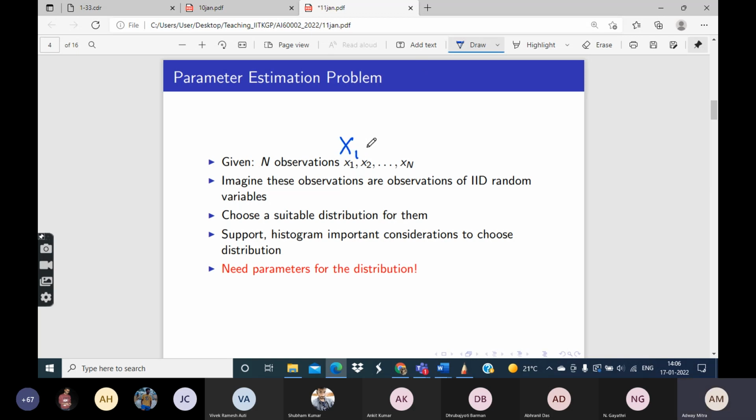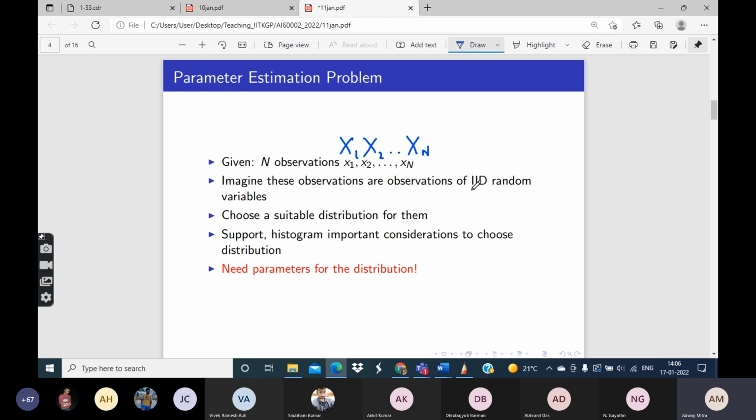Similarly, for x2 there is some random variable capital X2, and so on. And finally, there is another random variable which we call capital Xn. The values which we have got are simply the realizations of these random variables.